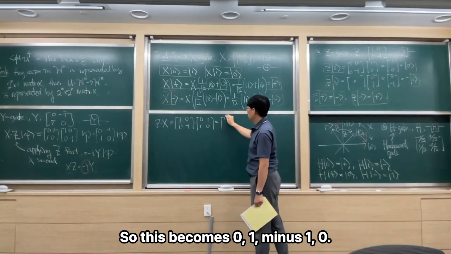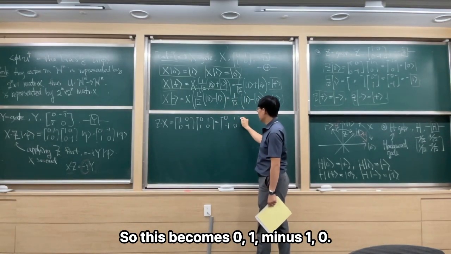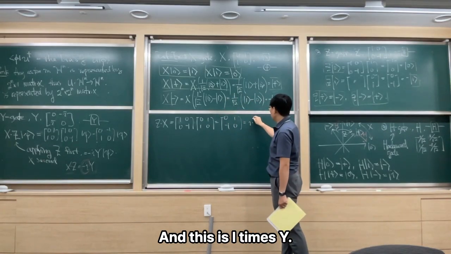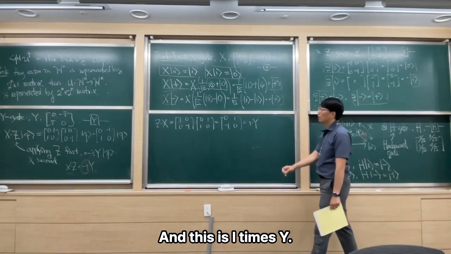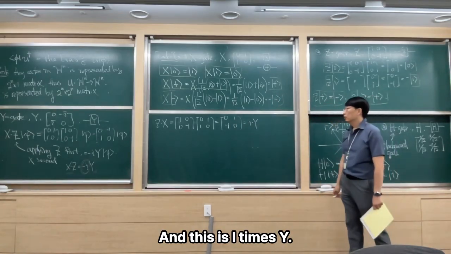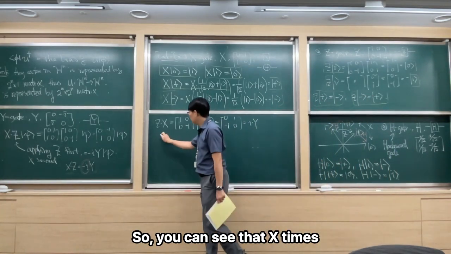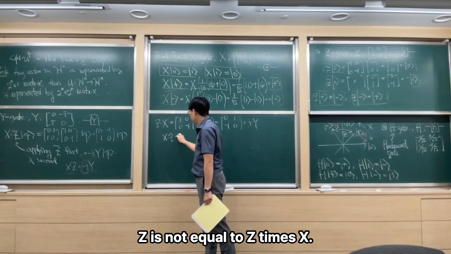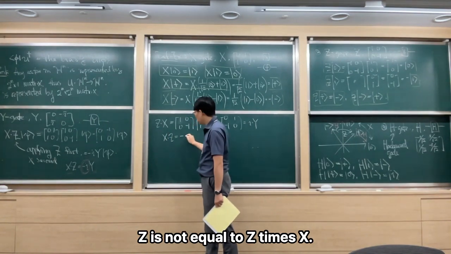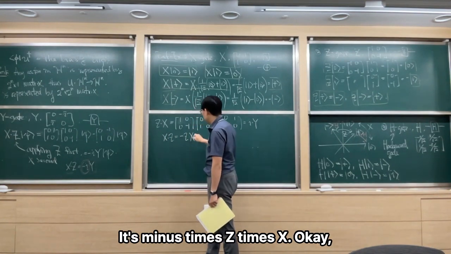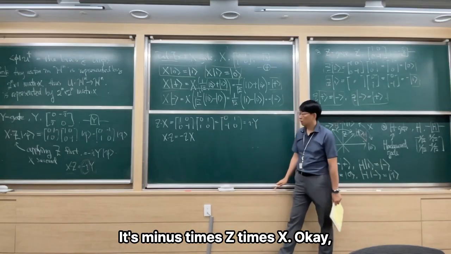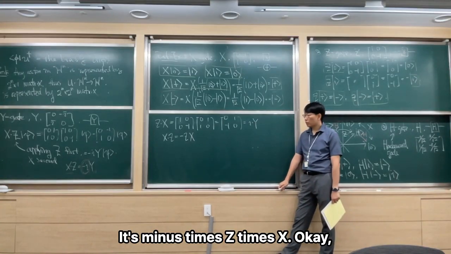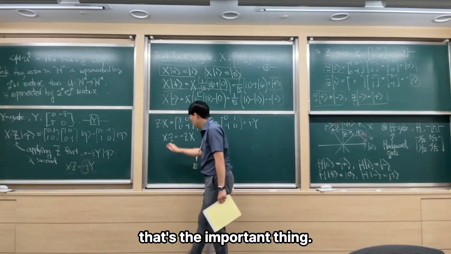So this becomes 0, 1, minus 1, 0. And this is i times Y. So you can see that X times Z is not equal to Z times X. It's minus Z times X. Okay, that's the important thing.